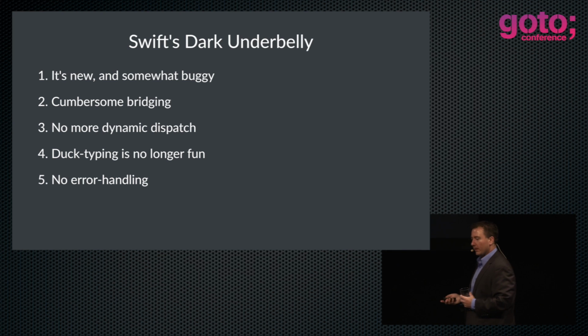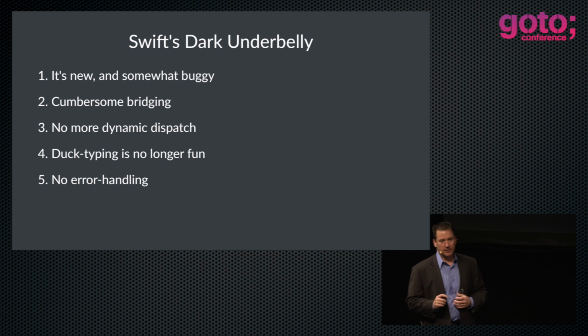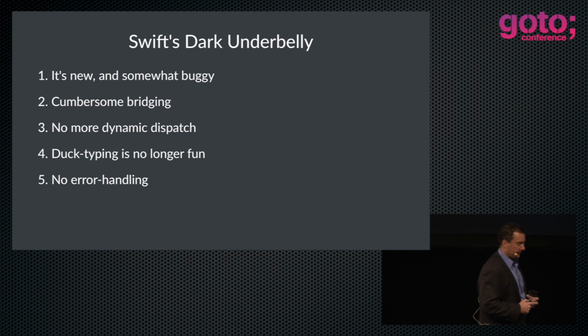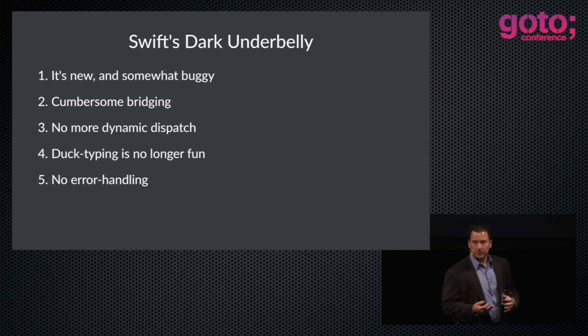Bridging, as I mentioned before, it does run in the same process space as Objective-C and the other Cocoa libraries. And that is a fairly heroic achievement on their part, but a lot of these libraries have been developed over the past quarter century. They go way back to the era of NeXTSTEP and all the objects prefixed with NS.